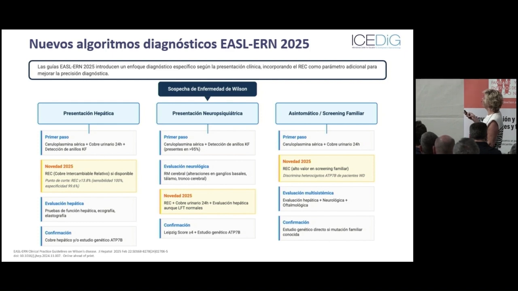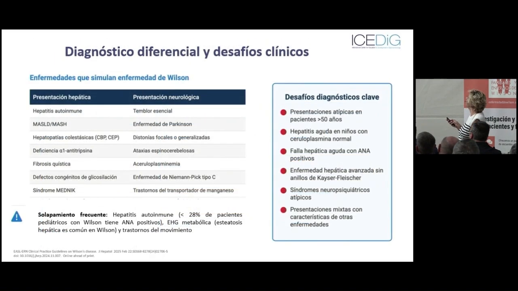As I mentioned earlier, we now have algorithms for each presentation, including for family screening. So this allows us to know the route that needs to be taken. But across the board, you see that REC is included because of its significant value for diagnosis in terms of clinical diagnostic challenges.